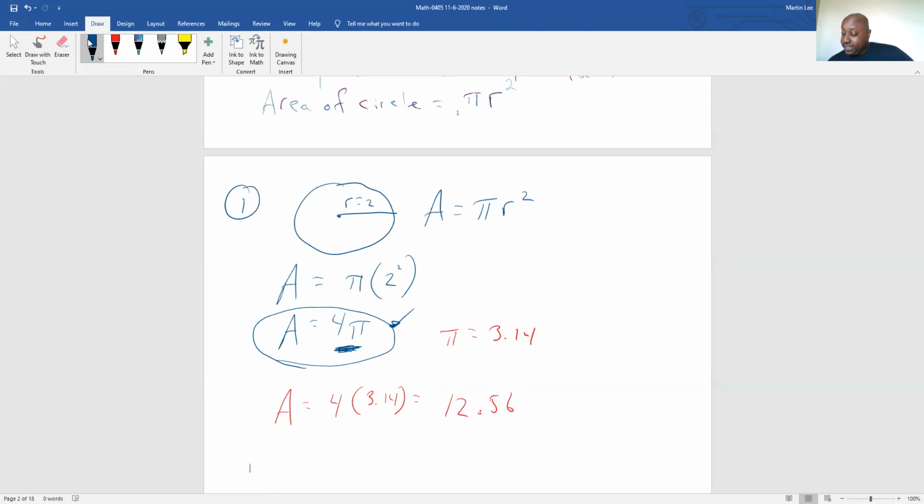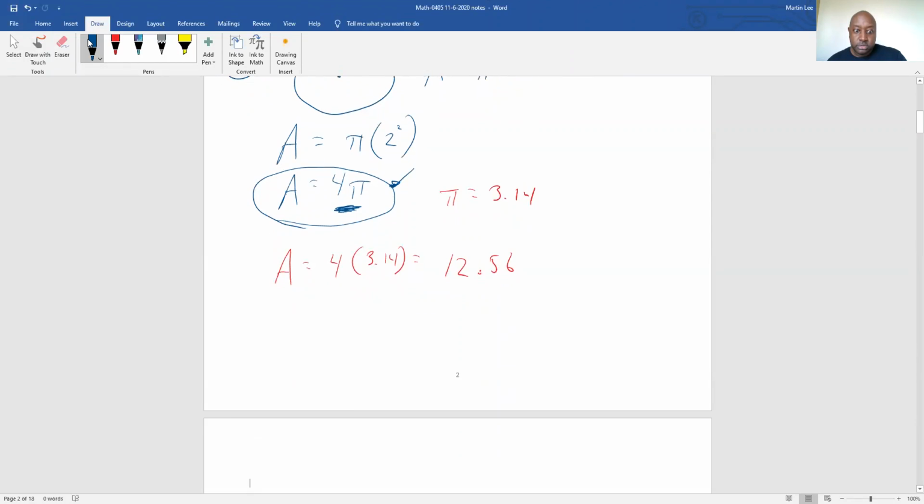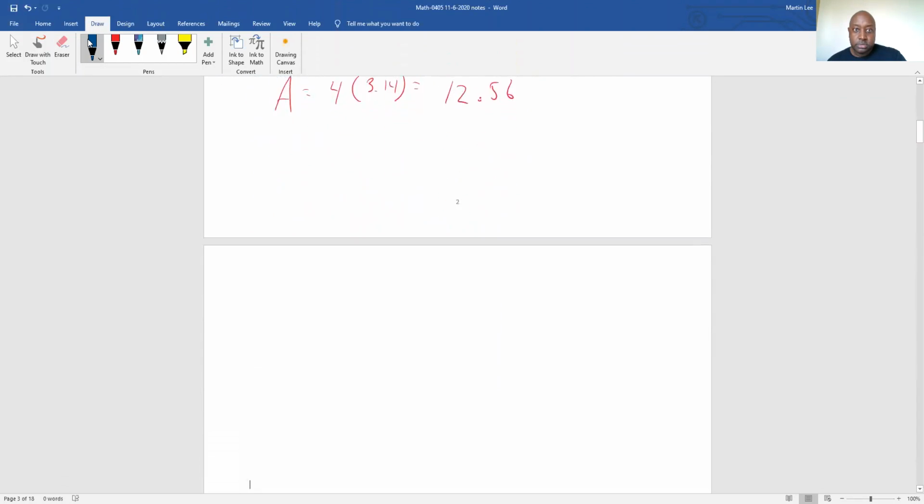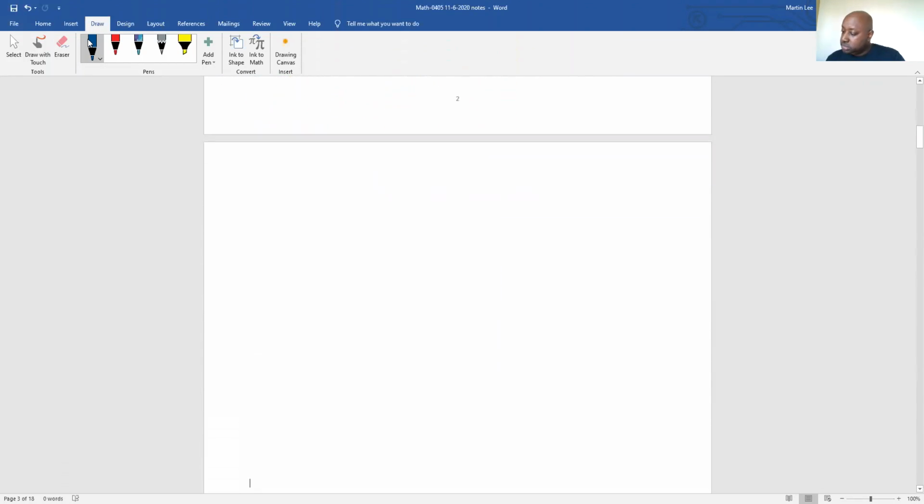So that's an example when they give you the radius. For the next one, we're going to work through one where they give you the diameter, and then we'll find the radius and then plug that into the formula. So example 2, I've got a circle.